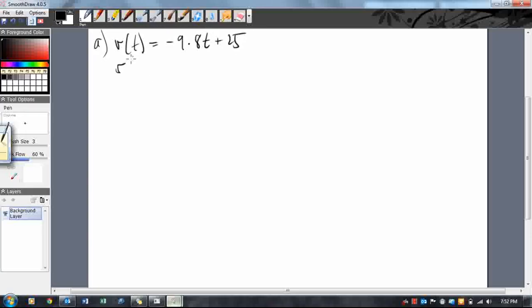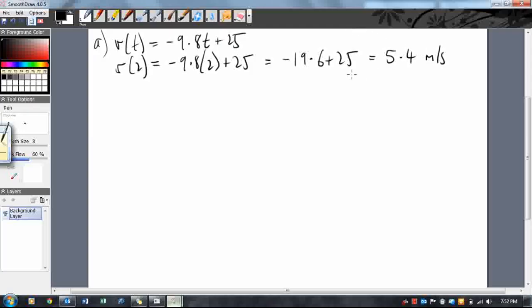So what's the velocity after 2 seconds? It's equal to negative 9.8 times 2 plus 25, which is negative 19.6 plus 25, and that's equal to 5.4 meters per second.